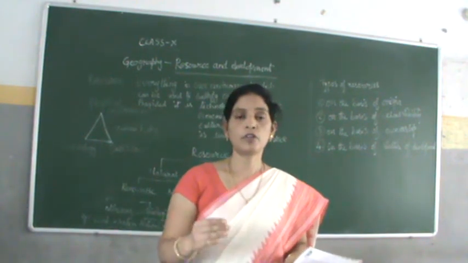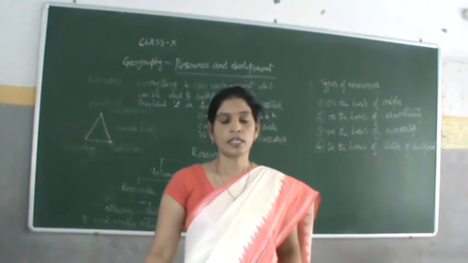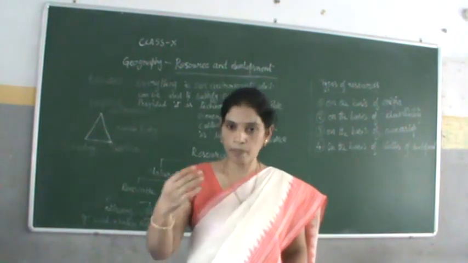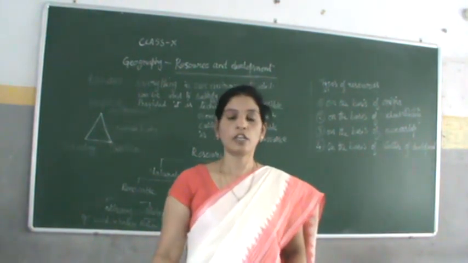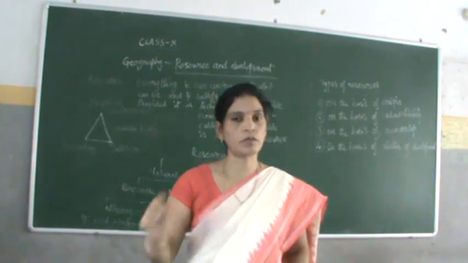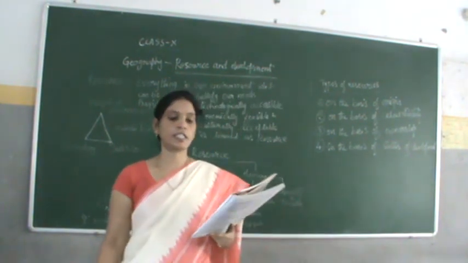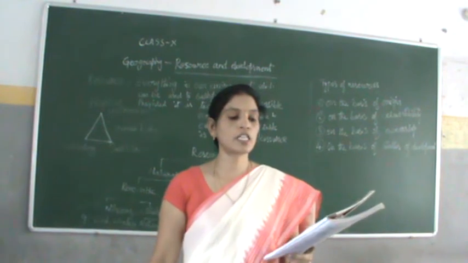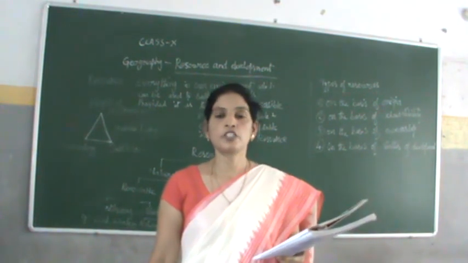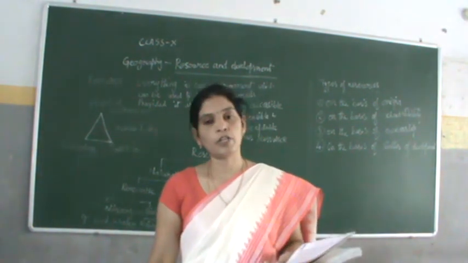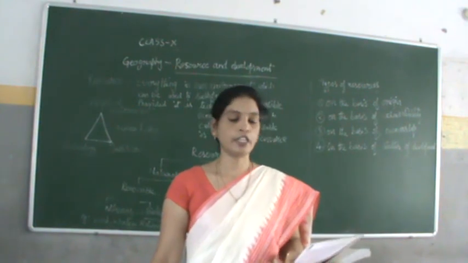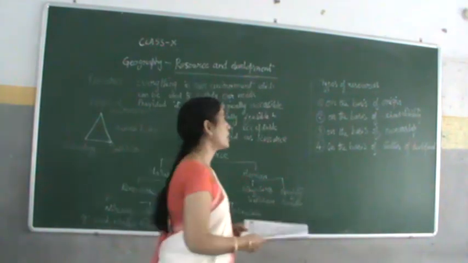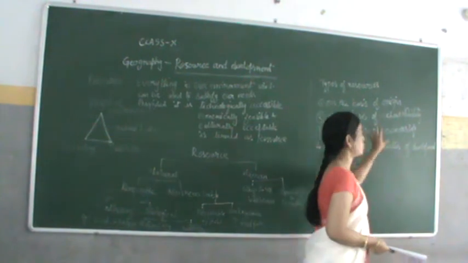Even around 22 kilometers from the boundary of a particular nation, those resources also belong to the country itself. The political boundary and the oceanic area up to 12 nautical miles also belong to that particular nation only. So those are national resources.